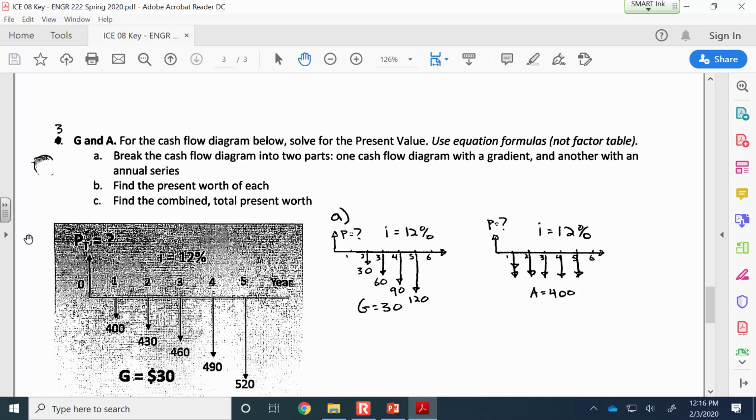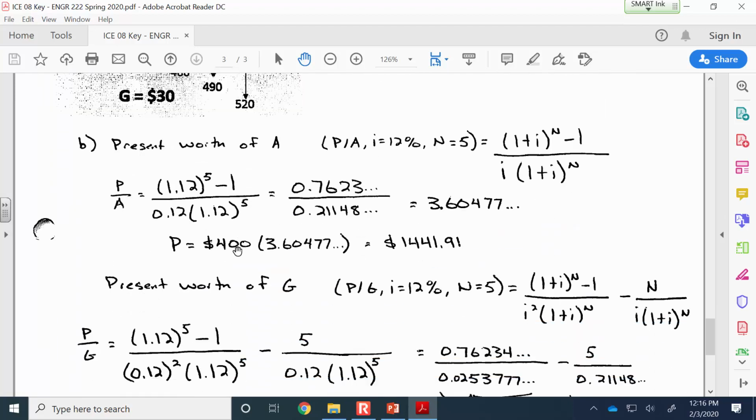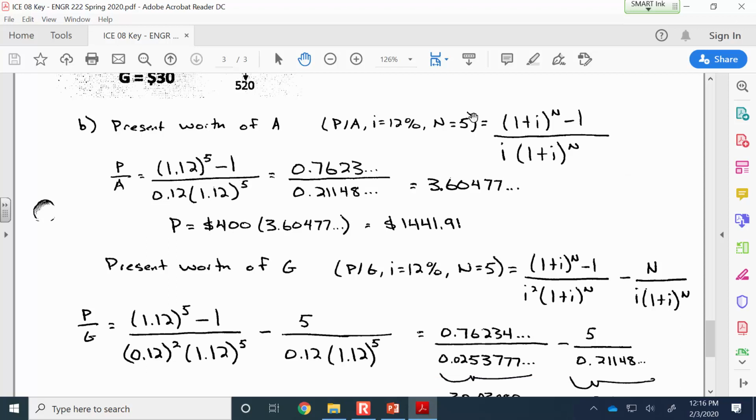Now, how do we find the P? Okay, solving for the factors. Here's the formula for find P given A. And you'll notice that I do the substitutions really deliberately with a lot of steps. I don't just put it into the calculator and hope that I put all the parentheses in the right spot, because it's so easy to make mistakes.